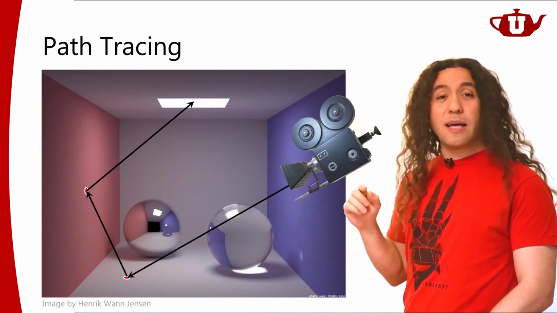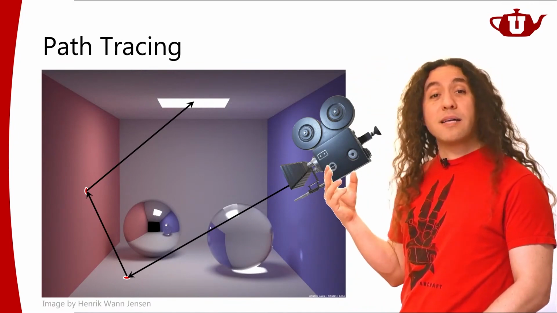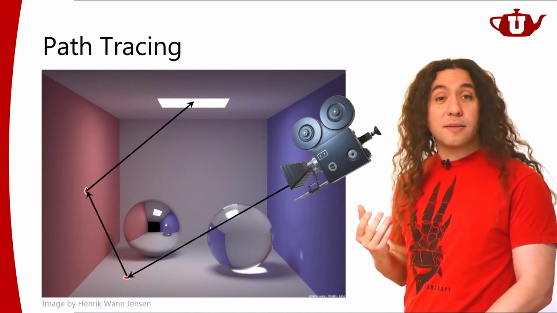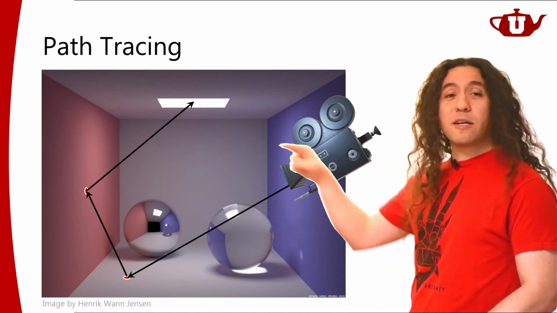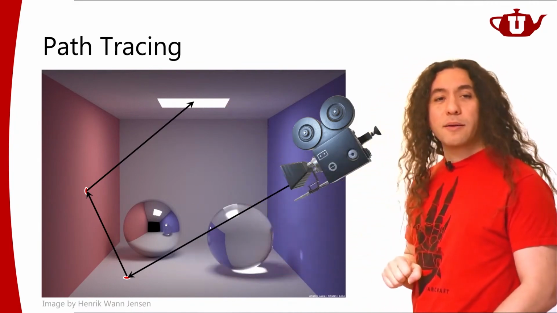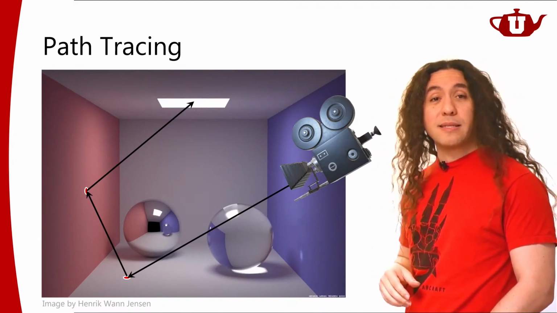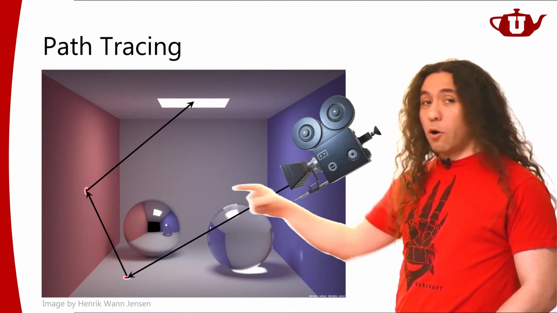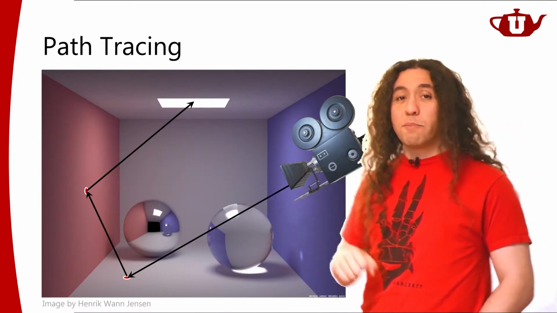So this is an algorithm that finds light paths starting from the camera. Instead of starting from the light source, it's starting from the camera and exploring all possible light paths in the scene.